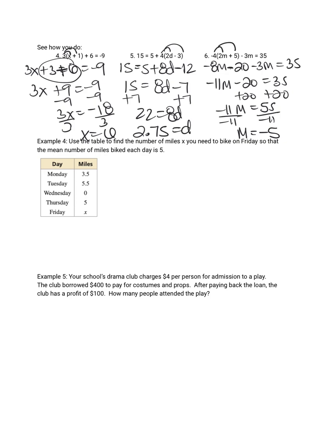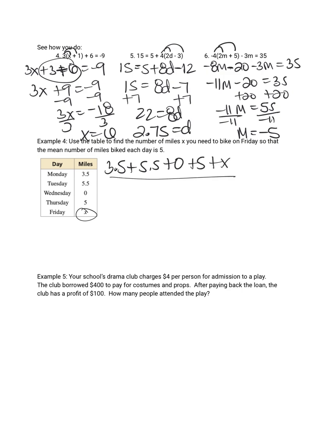Example 4, looking at using the table to find the number of miles, x, that you need to bike on Friday so that the mean or the average number of miles biked each day is 5. So remember that when we take the average, we want to add all of our numbers together and then divide by the total number of numbers that we have. So here, we're going to take 3.5 plus 5.5 plus 0 plus 5 plus x.